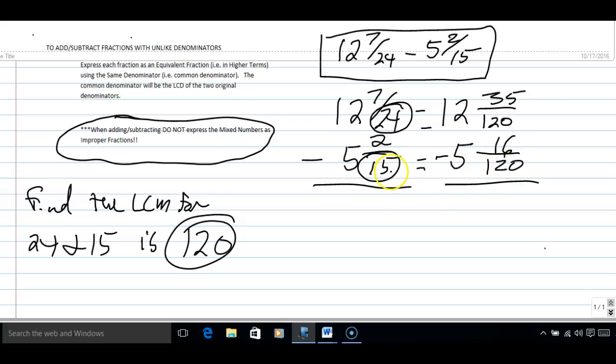So 120 divided by 15 is 8. 8 times 2 is 16. So now I have like denominators, so I subtract the numerators. 35 minus 16 is 19. Keep the common denominator, which is 120. And 12 minus 5 is 7.